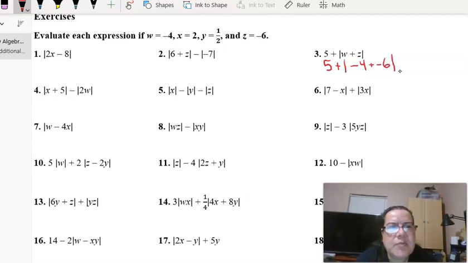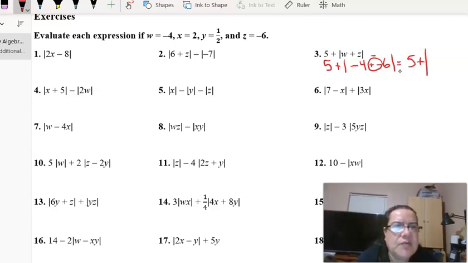So you can go ahead and write both symbols down, because if you'll remember, positive times a negative becomes a negative. So you actually have here 5 plus the absolute value of -4 minus 6.